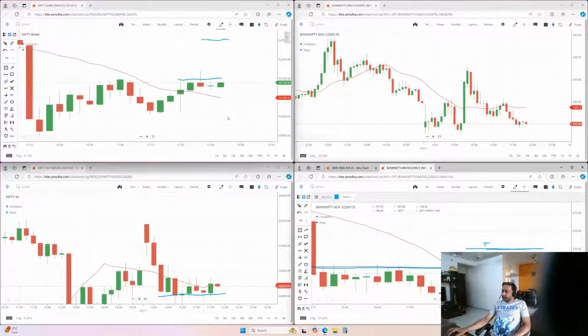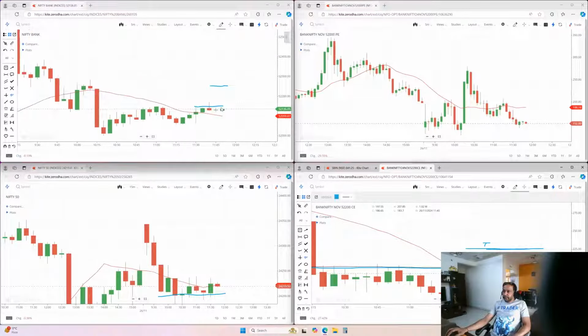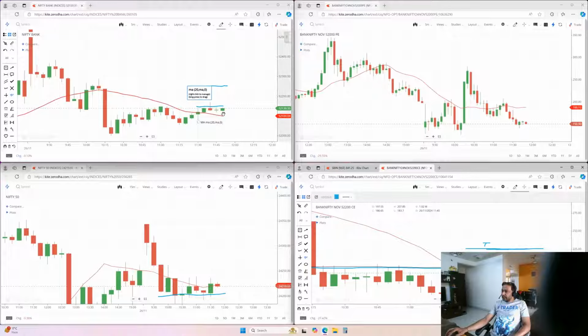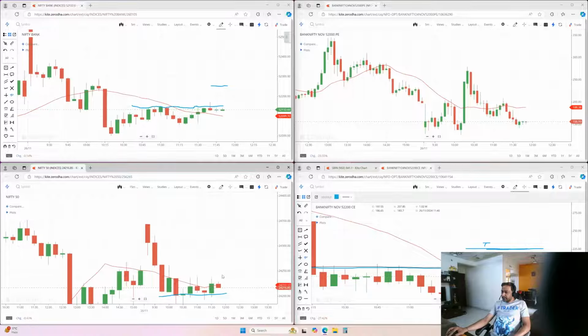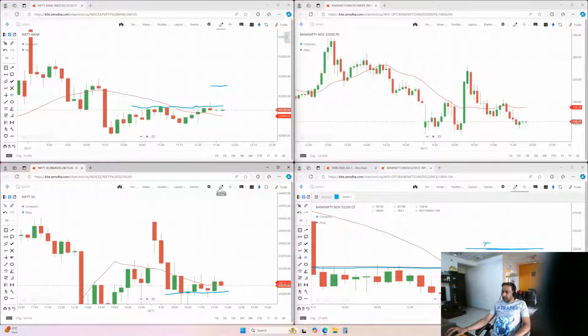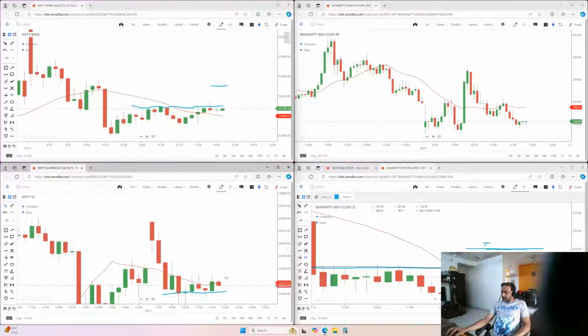Okay, Bank Nifty is making green candle. Hopefully, in this candle only, it should show breakout above this 150 level. But Nifty showing again weakness. If you can see, Nifty is taking resistance from this level.